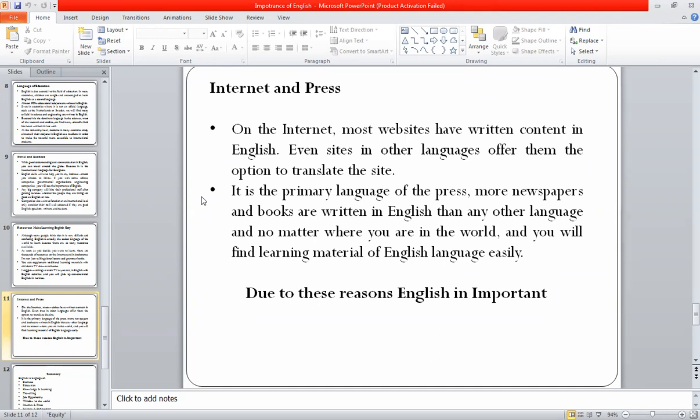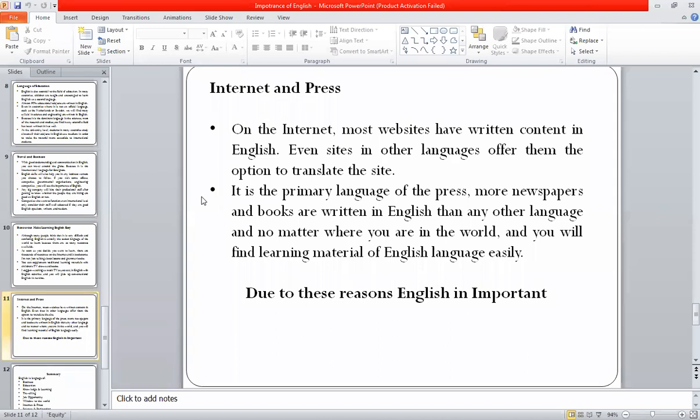Every day we need to read newspaper, and for that this language is also used for editing purpose in the newspaper.